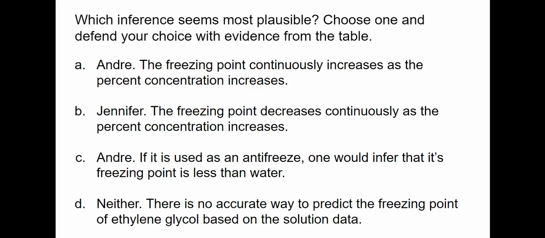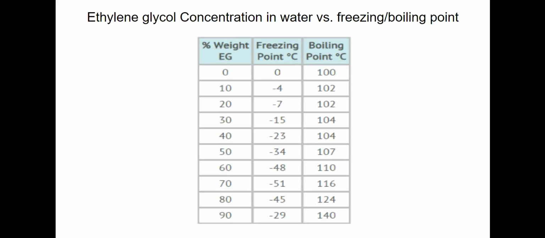Choose one and defend your choice with evidence from the table. And it goes on to list four more possibilities. It also gives us this data table to analyze and to determine which one of those inferences was actually correct based on the data set provided.